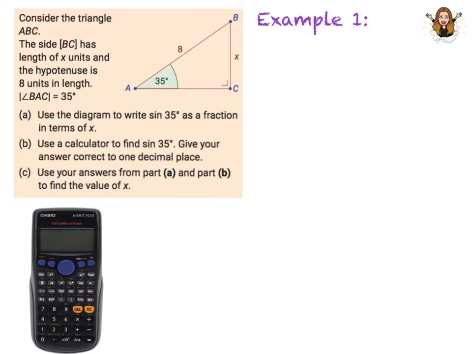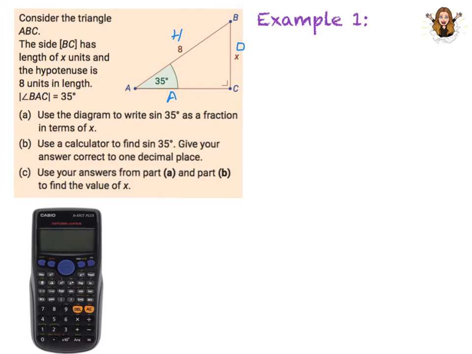So step 1 is label your diagram. So here's our H, our hypotenuse, okay, the side opposite the 90 degree. I have my angle in this question, so x is O and A we don't know, so that's not necessary.